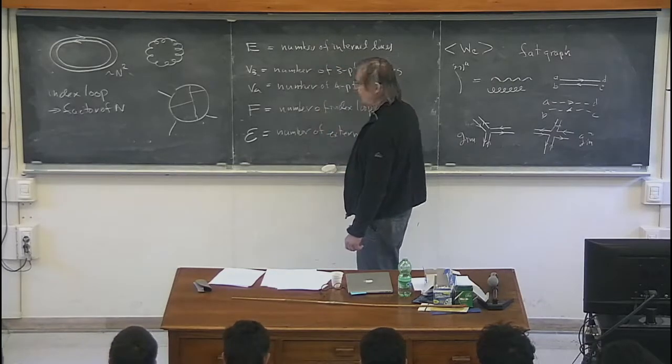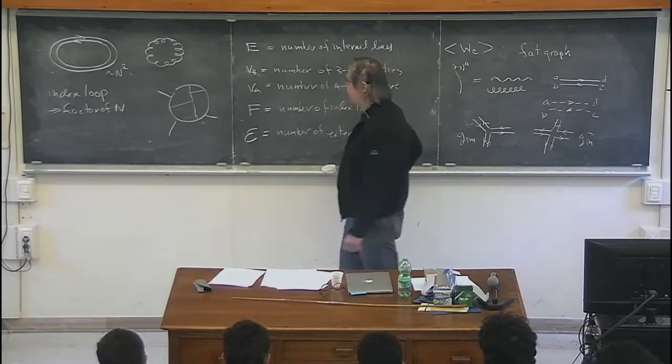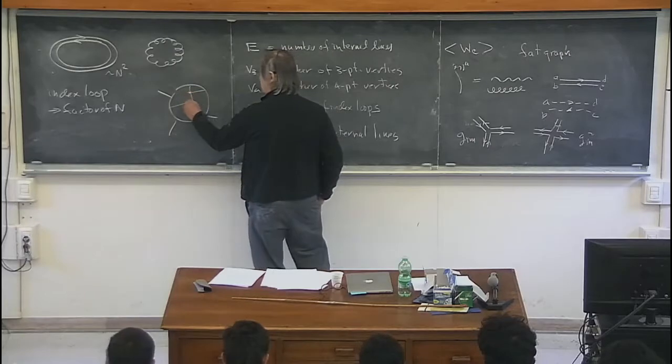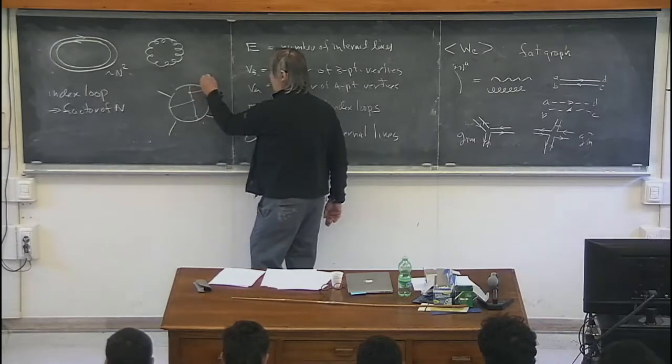All of these things define the graph. In a sense, V3 plus V4 define the number of vertices, these things. Internal lines are these things, external lines are these.